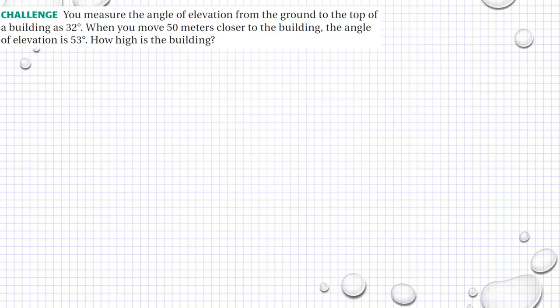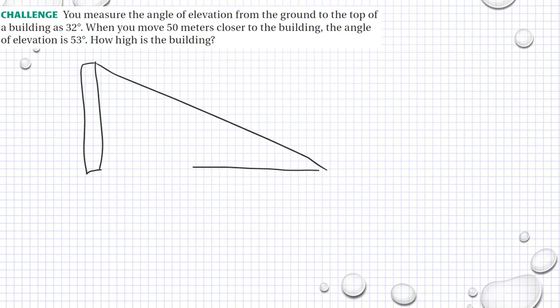Okay, another. You measure the angle of elevation from the ground to the top of a building, and it is 32 degrees. So we have a building here, and to the ground, we say 32 degrees.